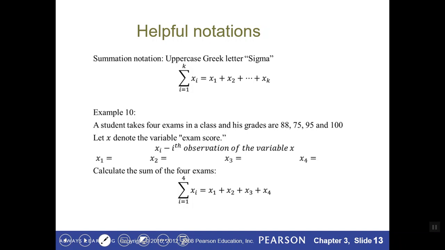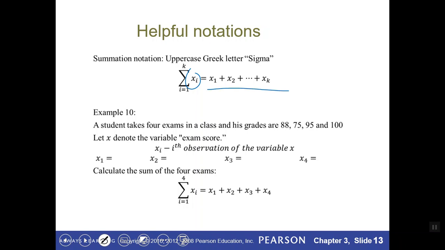So i starts from 1 and goes up to k. Xi is the variable value, where i is its index. When i equals 1, it means x1, i equals 2 means x2. So this notation denotes the summation: we have to sum those values from x1 to xk.